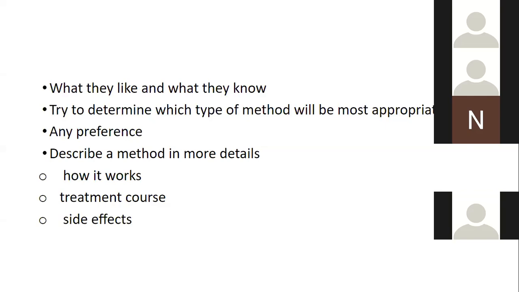Find out whether they have any preferences. And then you should describe the method that you are suggesting or that they would want to use in more detail, in terms of how it works, what the treatment course is like, and what the side effects are like.